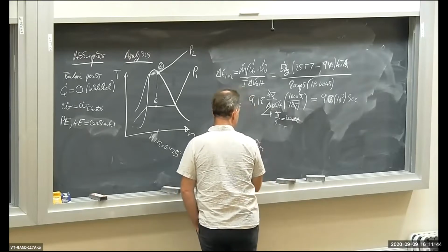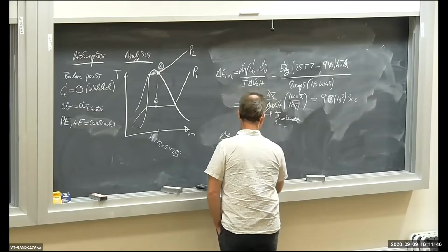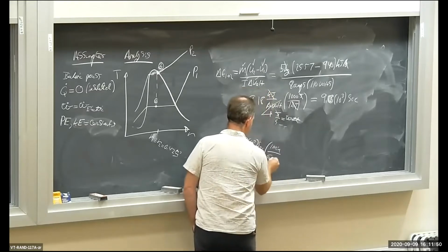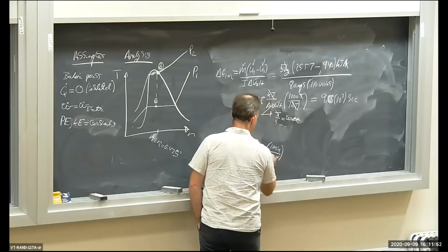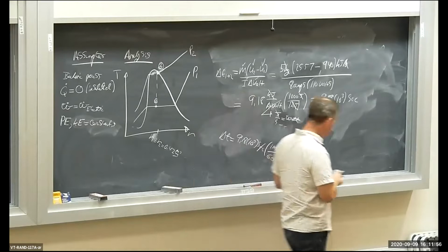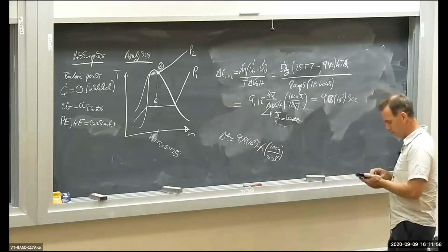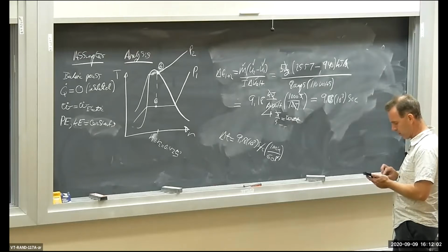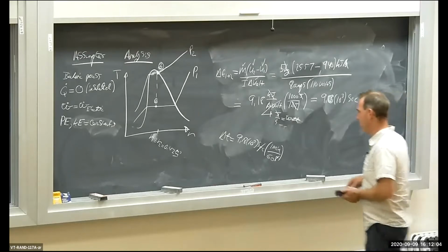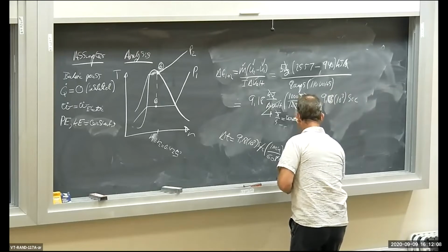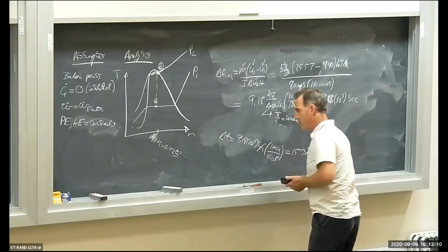If we want to rewrite that in terms of minutes, there are 60 seconds per minute. The seconds cancel out. So 9.18 times 10 to the 3 divided by 60 gives me 153 minutes.